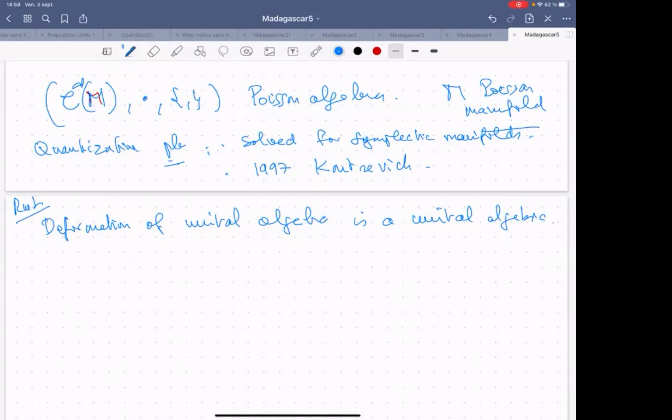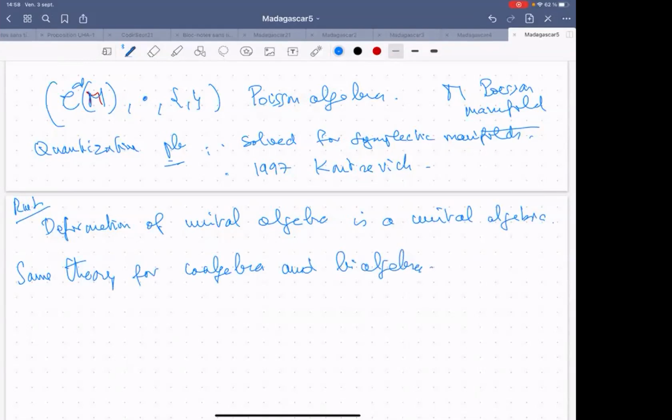And okay, this works also for coalgebras. In fact, we can write the same theory for algebra, the same theory for coalgebra, or sort of dual theory, and the same for bialgebra.